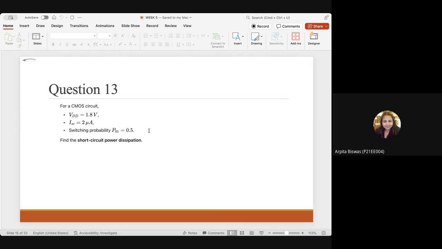There is question number 13. For a CMOS circuit, VDD is 1.8 volt, ISC is 2 microamps, switching probability is 0.5. So find the short circuit power dissipation.